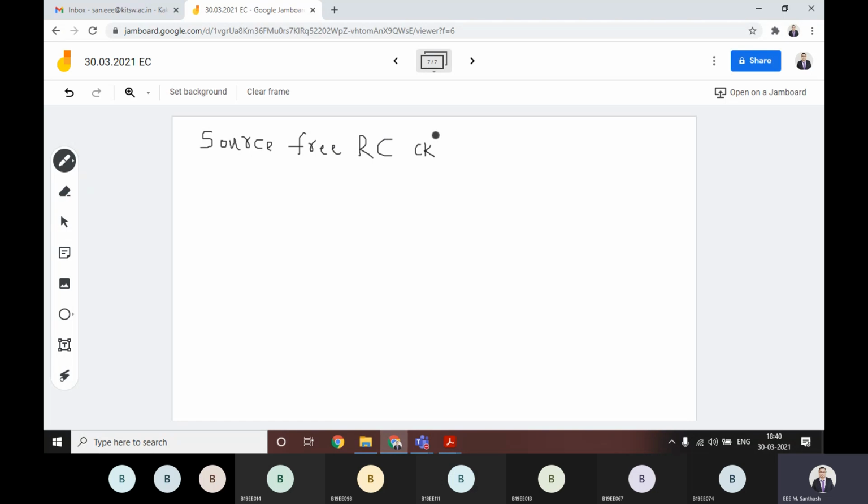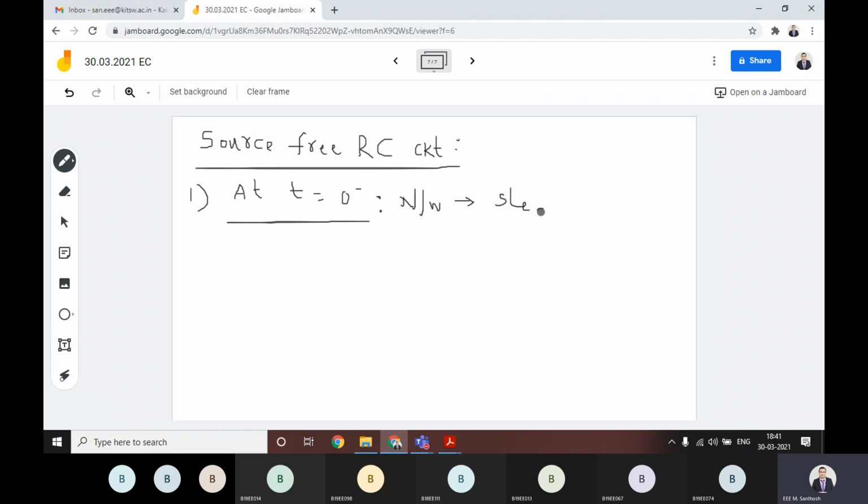If we are solving a source free RC circuit, how will we proceed? If you have an RC circuit, then you know already that in the first step, at t is equal to 0 minus, just before switching, the network is always at the steady state.